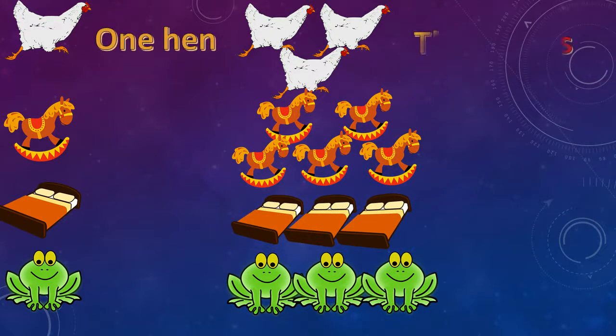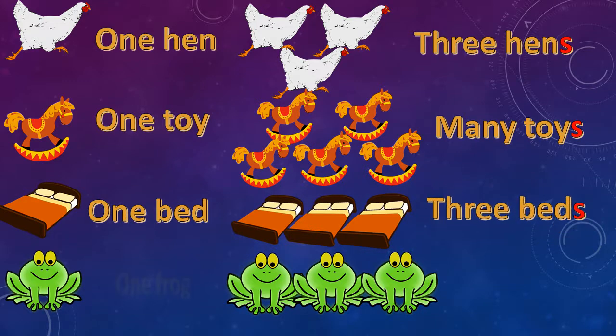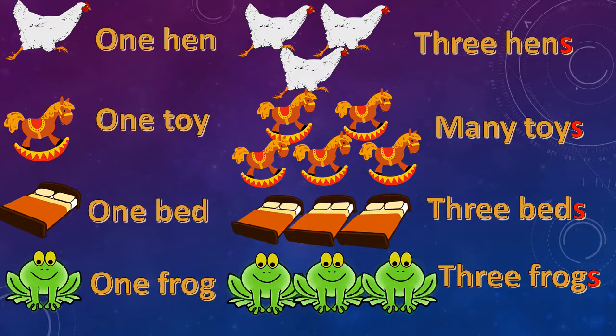Let's read a few more sentences. One hen. Three hens. One toy. Many toys. One bed. Three beds. One frog. Three frogs.